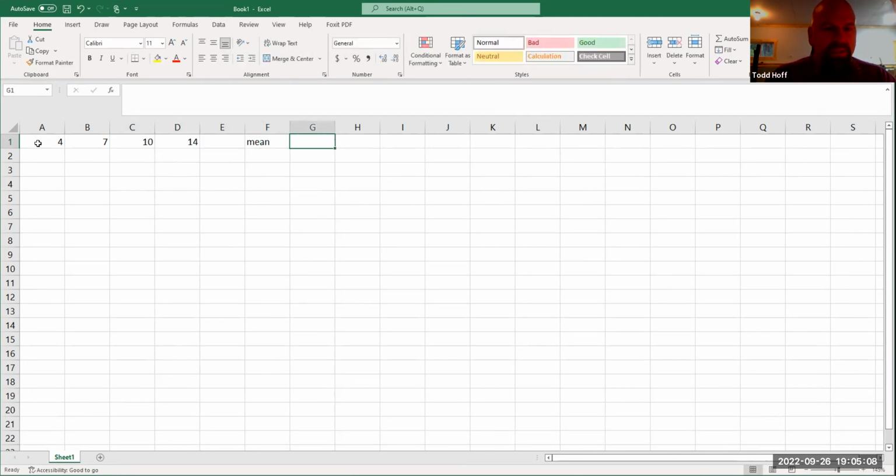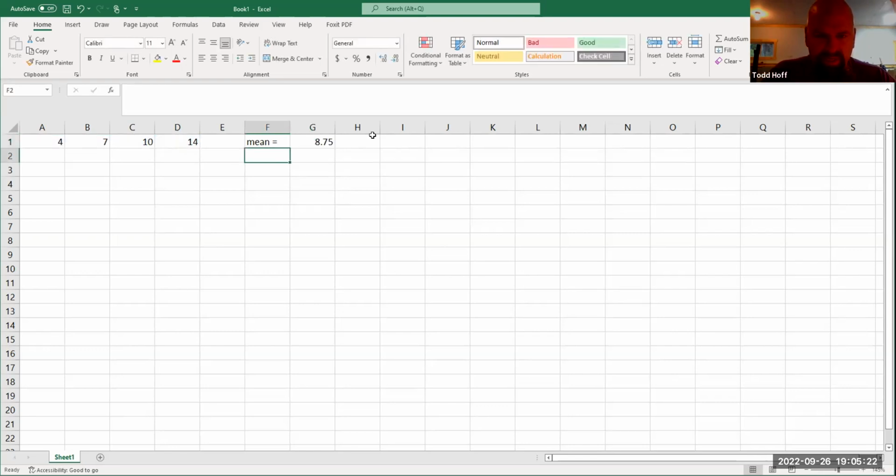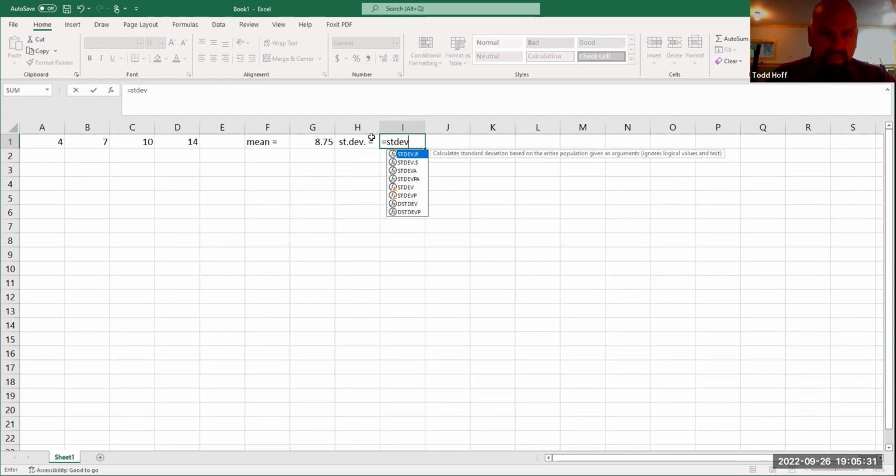Population mean. Well, let's do the mean of those 4 numbers. 8.75. Population standard deviation. Now, again, we have to use the dot P because this is considered a full population.